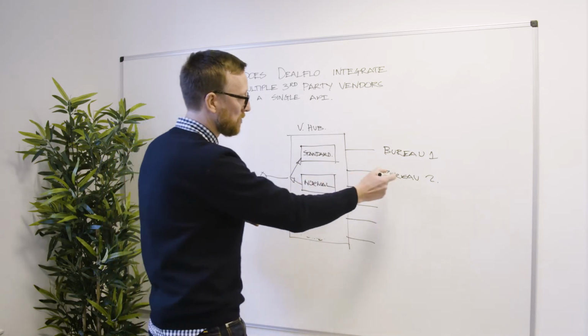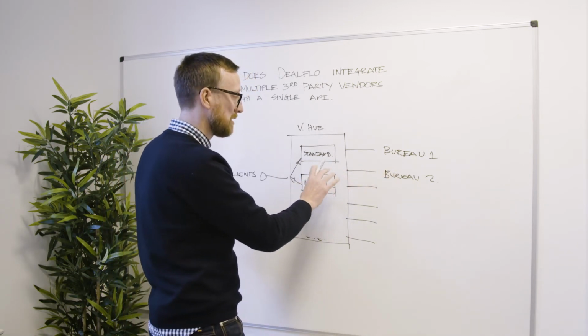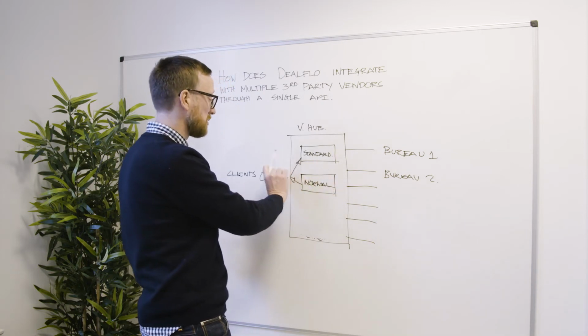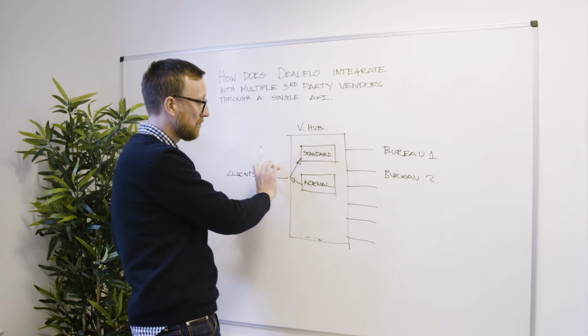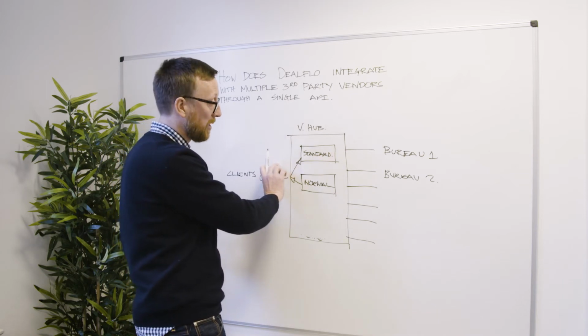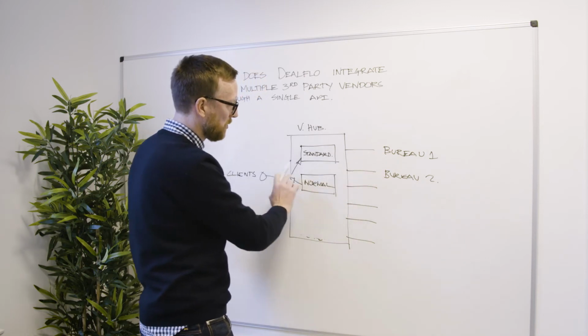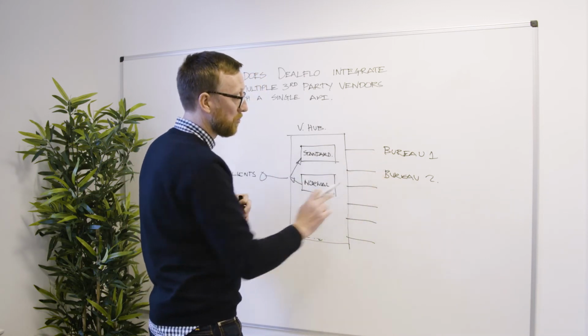And equally, if the response is from Bureau 2, we do a similar normalization so that we form the same response back to the client. So the client has integrated once with Dealflo, can make one request, and they can get the same response back from either Bureau 1 or Bureau 2.